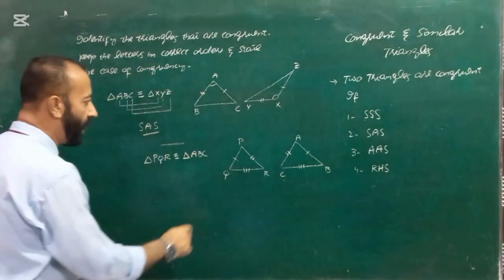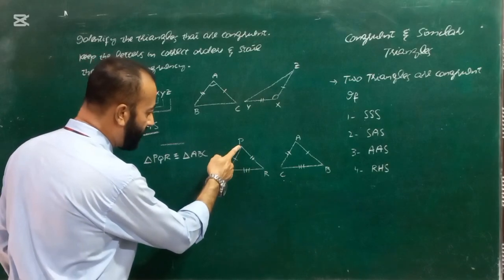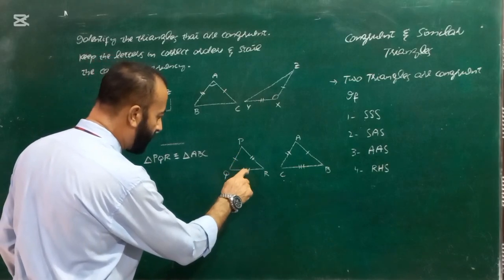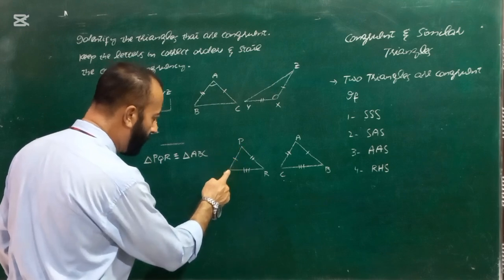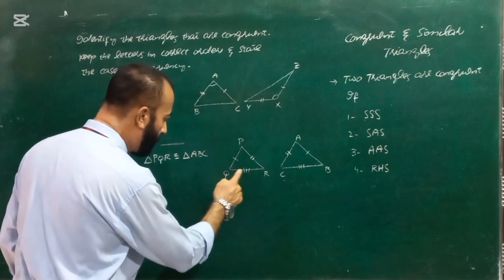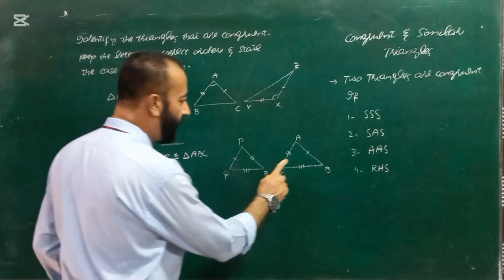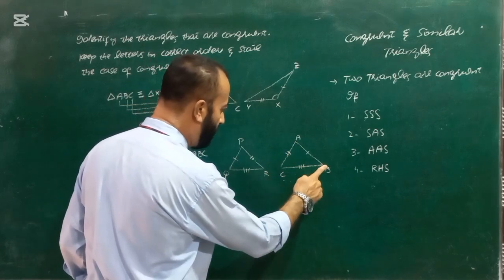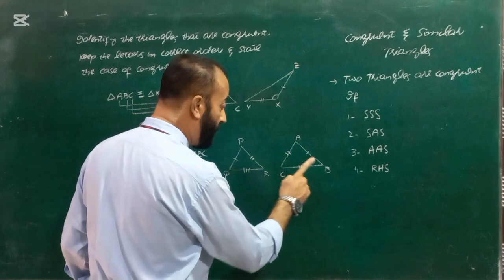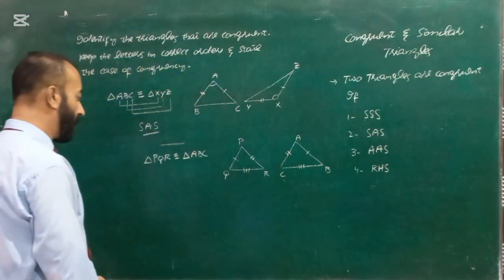So look now again. I'm moving from single side. This is single, this is triple, and this is double. So I'm moving from single to triple. So PQR. Likewise, in the other triangle, you have to move from single to triple. So ACB will be in correct order.